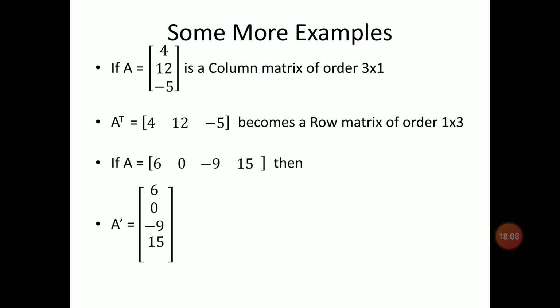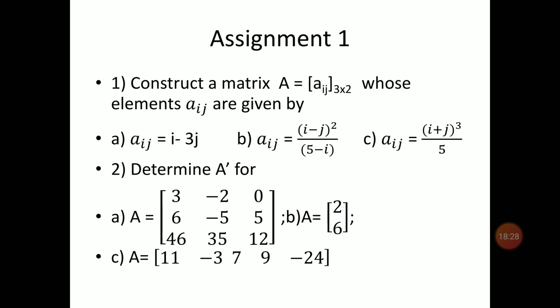So here A is a column matrix of order 3 by 1, which turns into A transpose as a row matrix of order 1 by 3. Similarly, if A is a row matrix, then its transpose will become a column matrix. You can see this in the example.